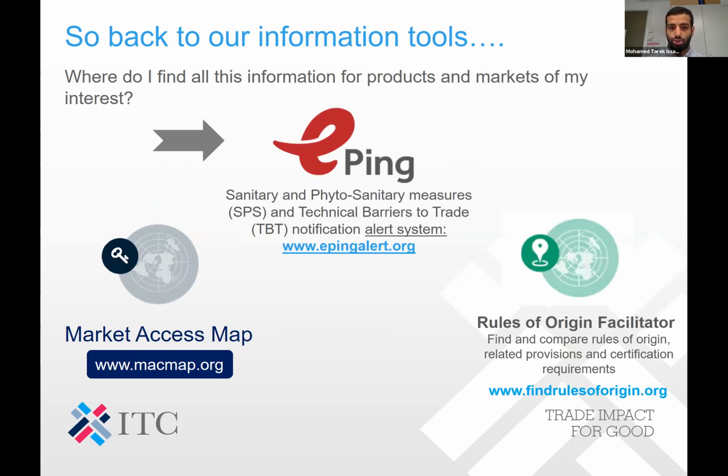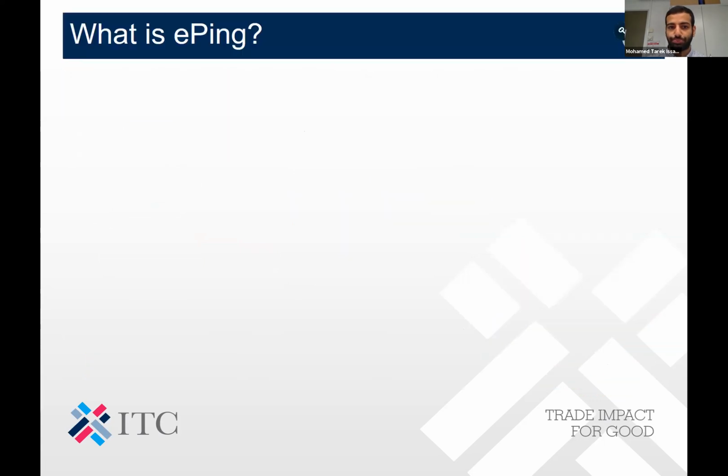If you don't have questions, I will now show you e-Ping, because I have a question regarding e-Ping already. So what is e-Ping? As you know, WTO members have some commitments, and one of them is to notify the WTO about any new technical regulation, SPS or TBT.